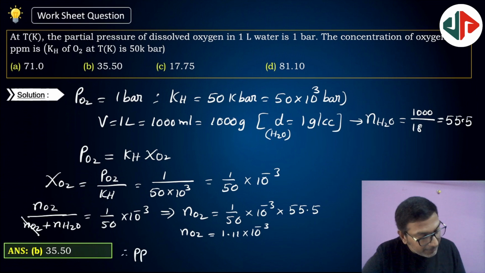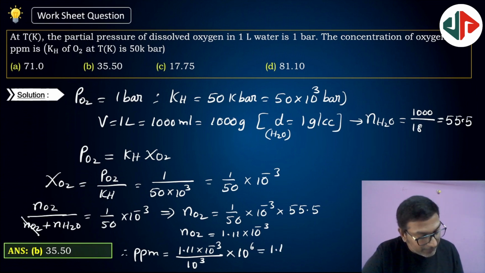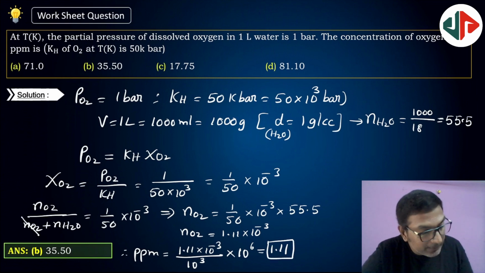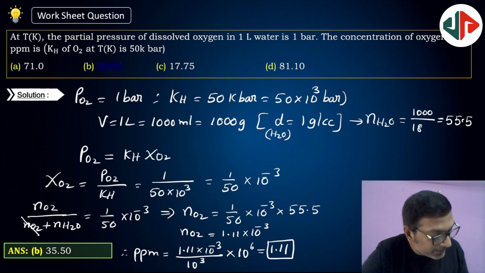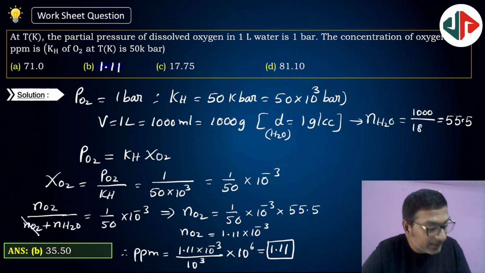Therefore ppm equals 1.11 into 10 power minus 3 by 10 cube, that means weight of solute by weight of solution into 10 power 6. That is equal to 1.11. This will be the answer. Here a wrong option is given, so change B option as 1.11. Very, very important. 1.11. Option B.